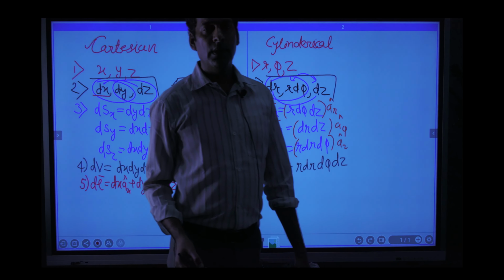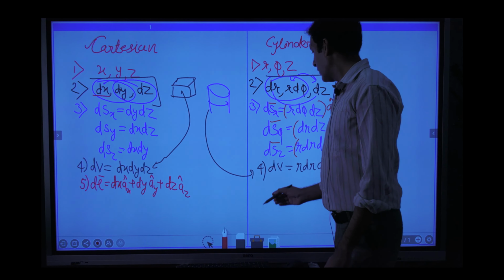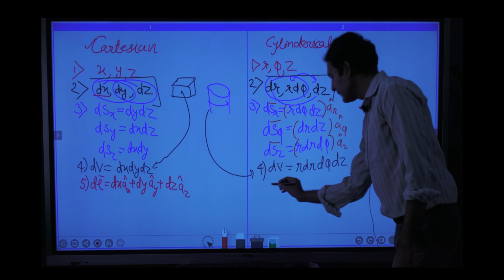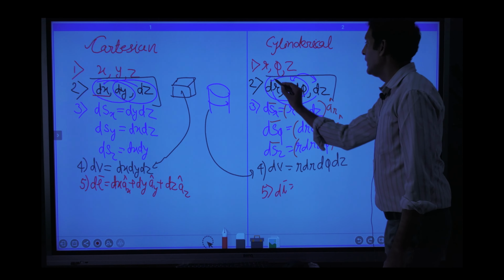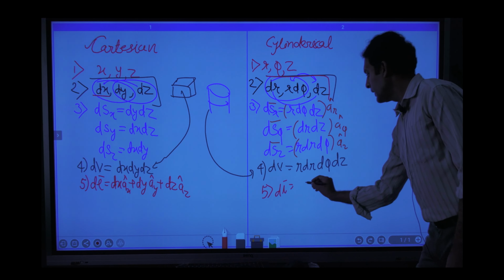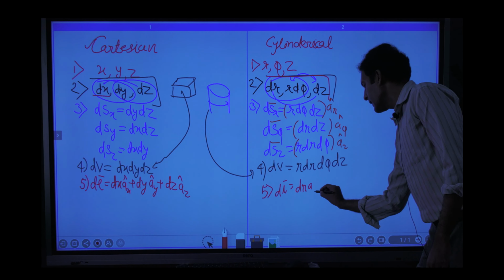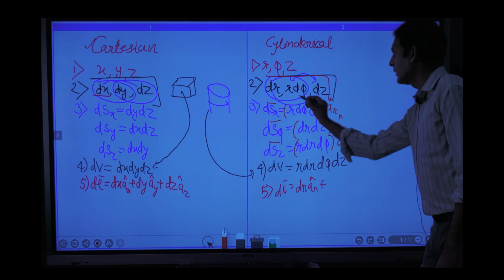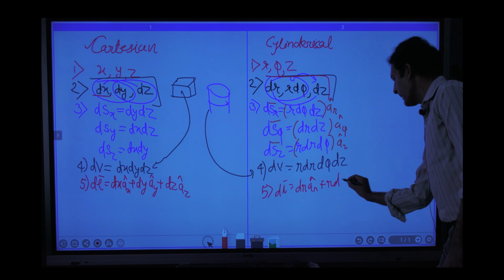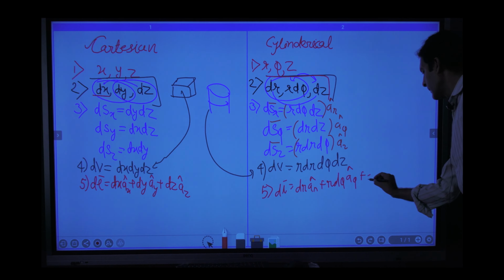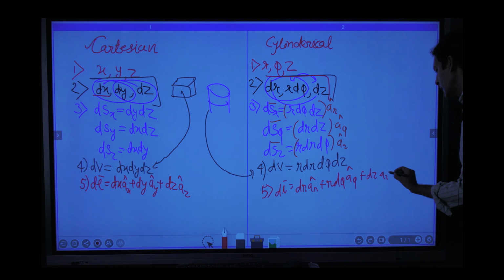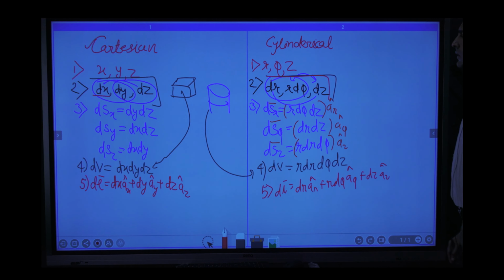In a similar way, for the cylindrical coordinate system, fifth one dl bar equal to addition of these three. First one dr, its direction ar cap, plus r d phi, its direction a phi cap, plus dz, its direction az cap. So this is the comparison summary of cylindrical and Cartesian.